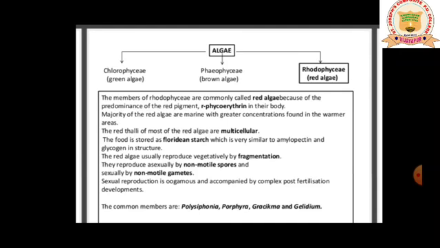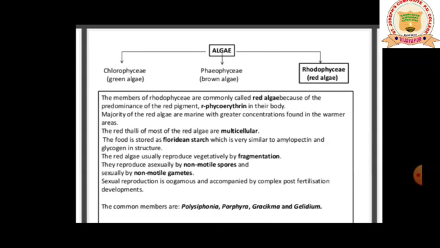The cell wall is made up of cellulose, pectin and polysulfate esters. Flagella are absent in rhodophyceae. They are found in fresh water, brackish water, and salt water also. So you come to know the difference between each class. I hope it is clear to you.